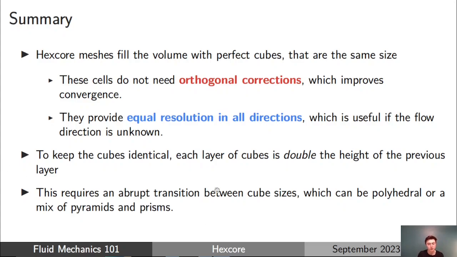And of course, this restriction on doubling the cell sizes requires us to make an abrupt transition between the sizes, and that transition may be polyhedral, or it may be a mixture of pyramids and prisms. But ultimately for us as CFD users, we need to check the solution visually, either using contour plots or line plots, to check that those abrupt transitions in the cube sizes don't artificially affect the solution and give us poor resolution in certain areas.